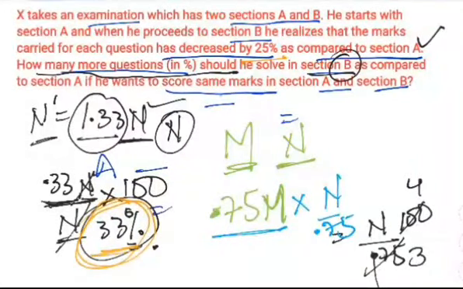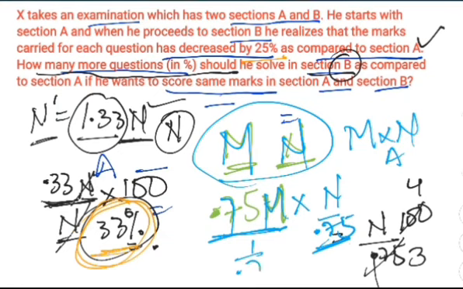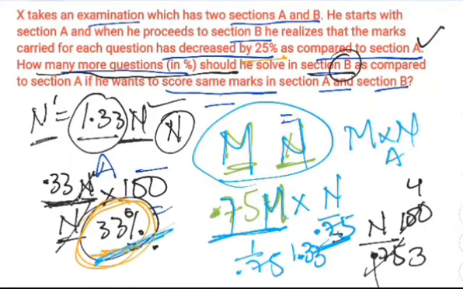Because the product M into N has to remain same, in section B this M has become 0.75 M, so N becomes N upon 0.75. So 1 upon 0.75 becomes 1.33 as we have seen, and the answer would be 33%. So a student has to answer 33% more questions in section B.